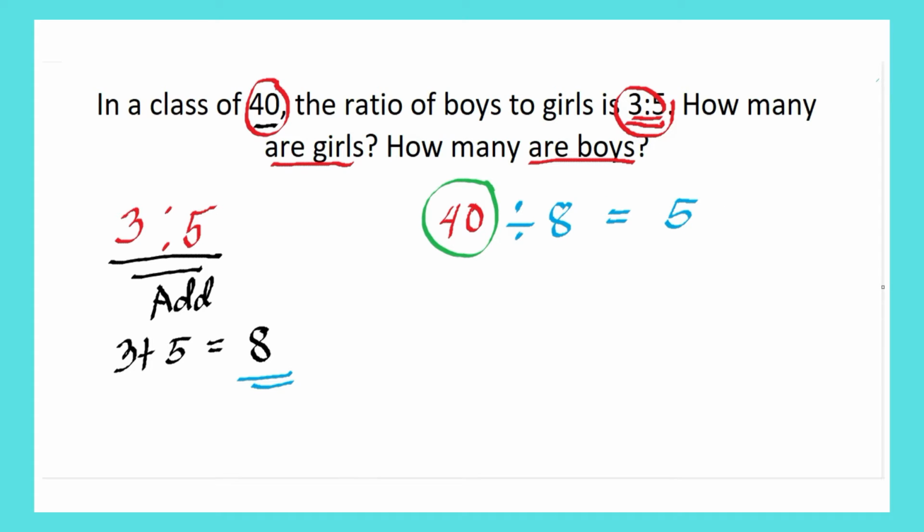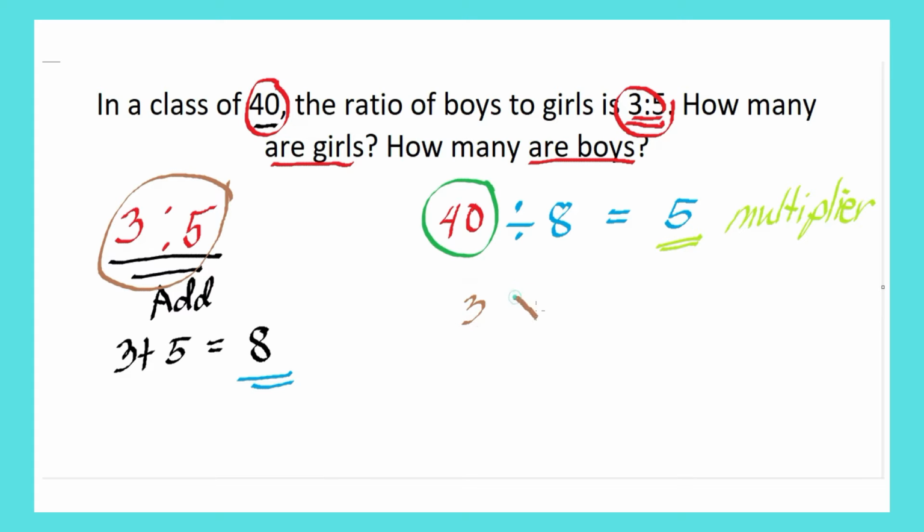But that is not yet the answer. That 5 is just our multiplier. That is not yet the answer. That is our multiplier, and then we are going back to the given ratio that we have, which is 3 to 5.